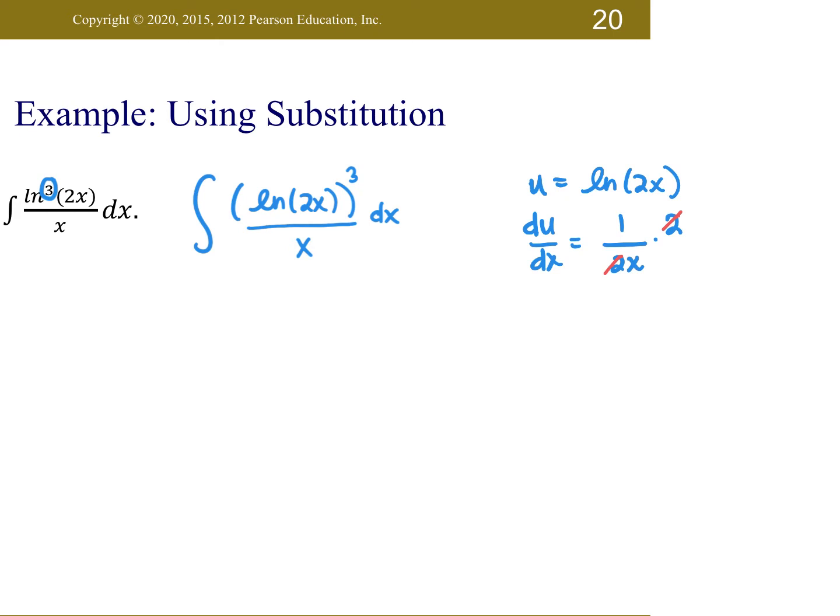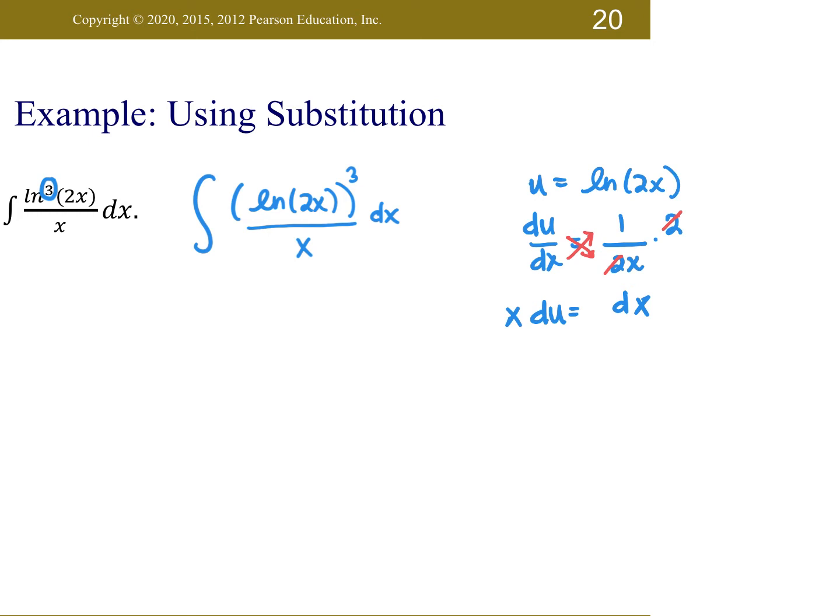So I'll have du equals x du, and I cross multiply, equals dx. And I have dx alone, which is what I needed.